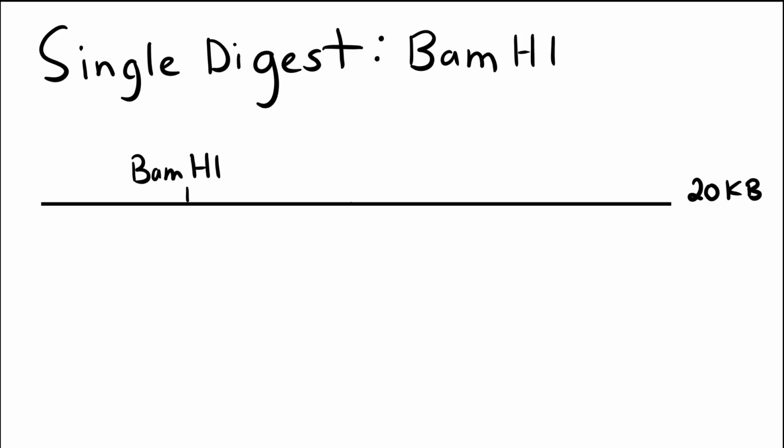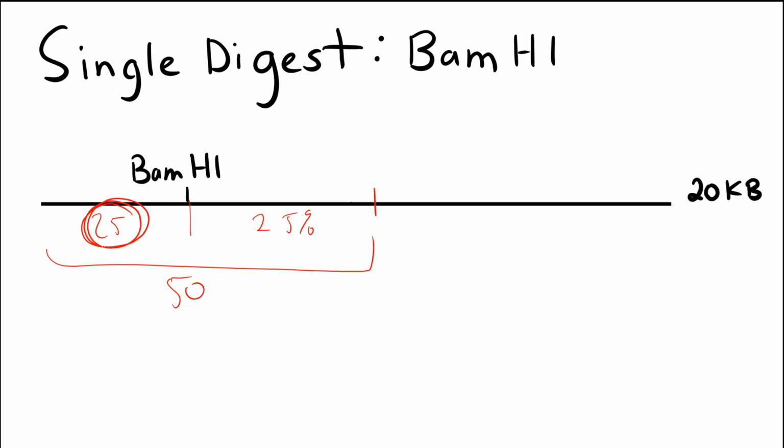The restriction site is clearly not in the middle, so you have to estimate to make your prediction. So again, if this is roughly the middle of the DNA molecule, I'm saying that if all of this is 50% of the molecule, then this is roughly 25 and 25%. So by my estimation, we would have a digest that would lead to roughly 25% of this 20 kb fragment over here.